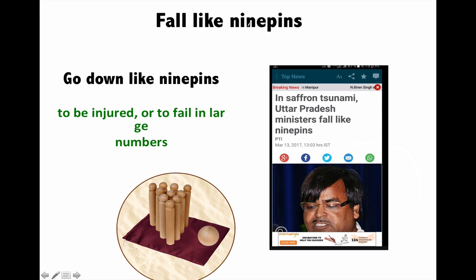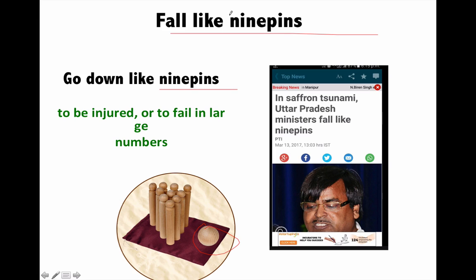Next is to fall like nine pins. So you must have played bowling, the game bowling, in which there are these blocks and you push the ball and your aim is just to make the pins fall. Similarly, there was this game in ancient days which is called nine pins. There were these nine pins arranged like this, and with the help of this ball you have to make them all fall together.